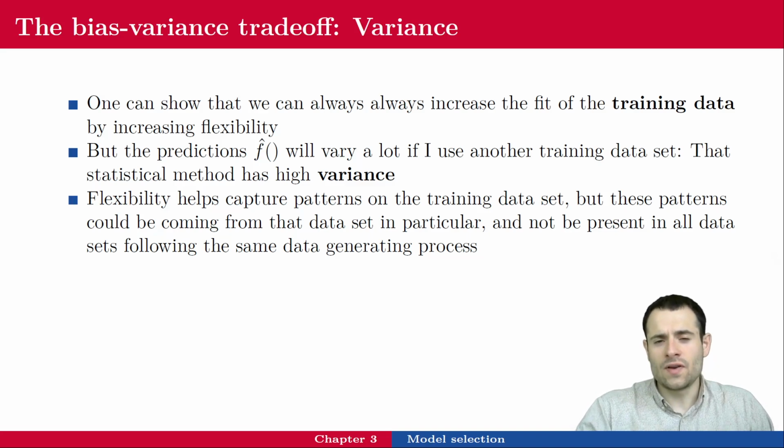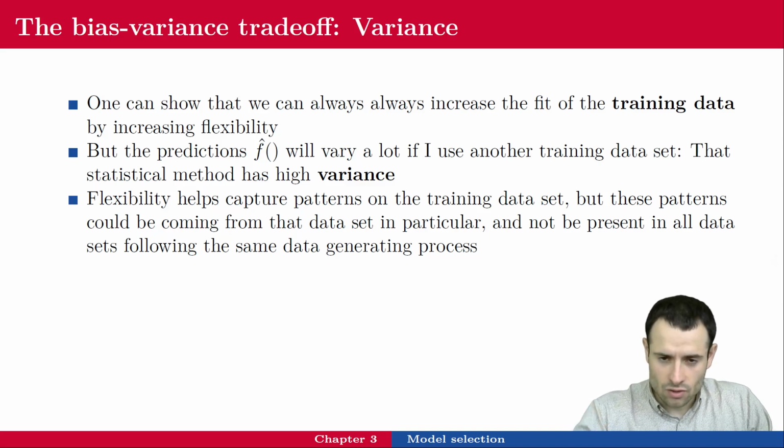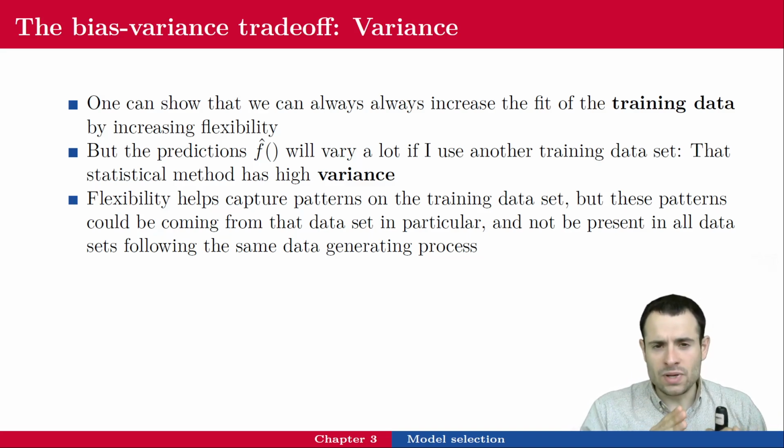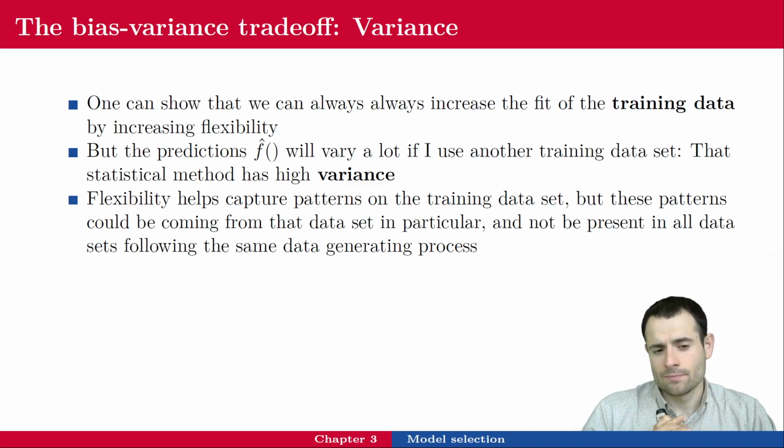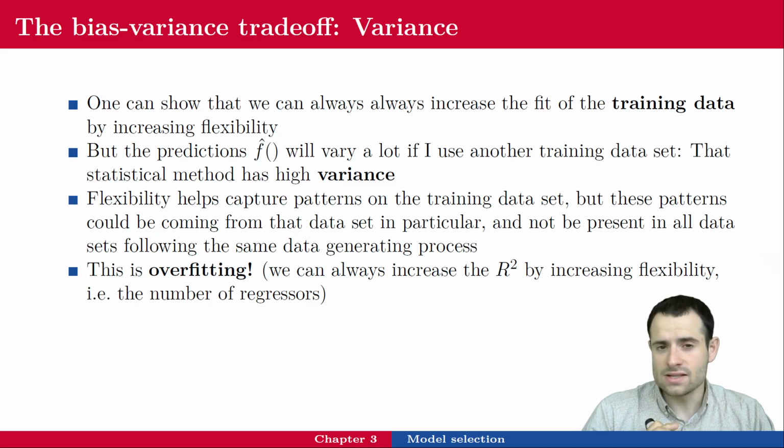So if we increase flexibility, however, we might pick up patterns which are specific to the data set we are looking at right now, but that don't repeat or don't apply to other data sets. And this is overfitting. In the case of a linear regression, flexibility can take two forms.